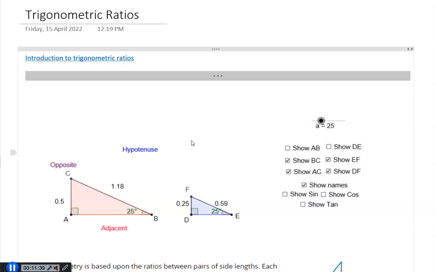So, again, the numbers are quite small. We've already identified that they are similar triangles. We're not going to go through that process again. So here's my opposite side is 0.5. My hypotenuse is 1.18. Could you do that ratio, please?